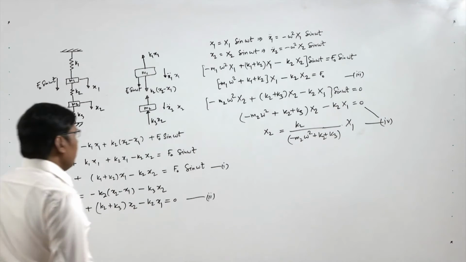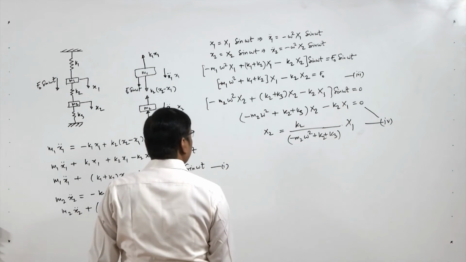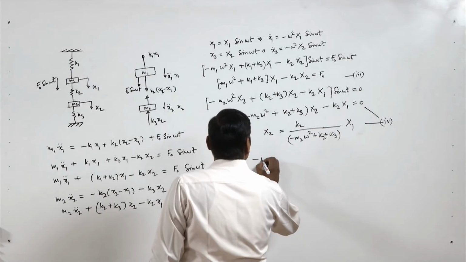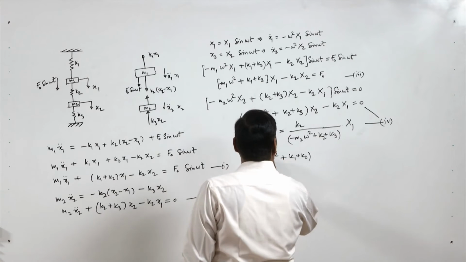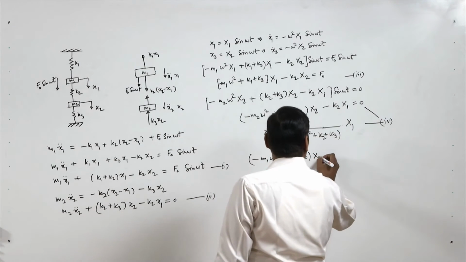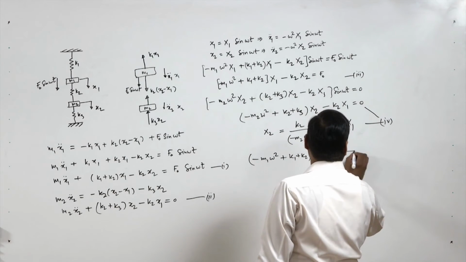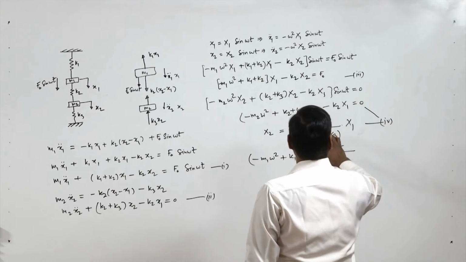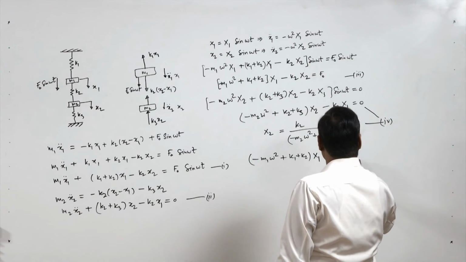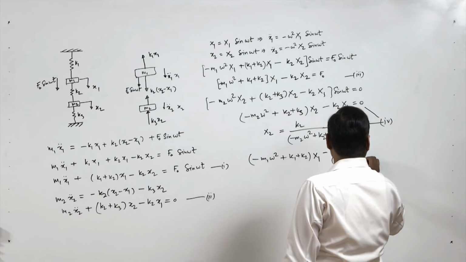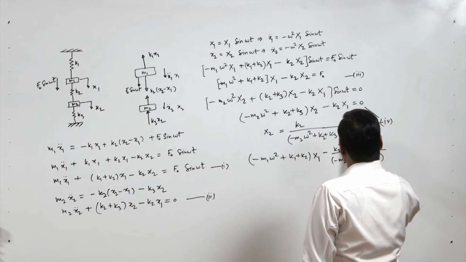Now we put the value of x2 in this equation, because we have to solve these equations. So minus m1 omega square plus k1 plus k2 x1 minus k2 square, so if we put x2, it is k2 square upon minus m2 omega square plus k2 plus k3 into x1.